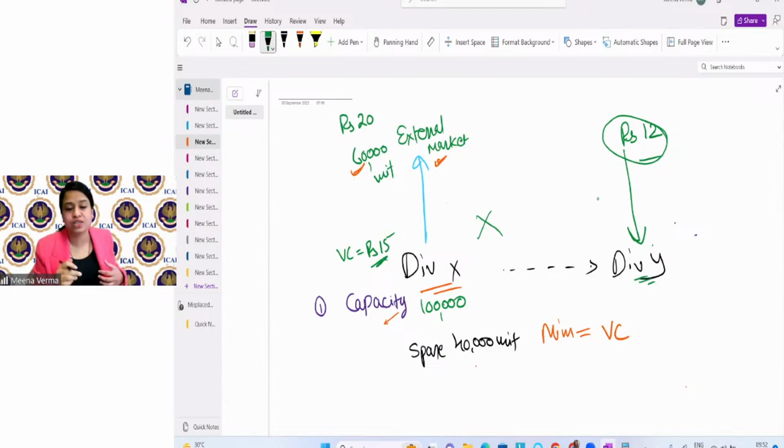Don't produce the goods if you can buy it. The minimum expectation is to recover ₹15. But if it is possible to buy the same product in the outside market at a price even less than the variable cost, don't produce the goods, buy it externally. No transfer will take place.